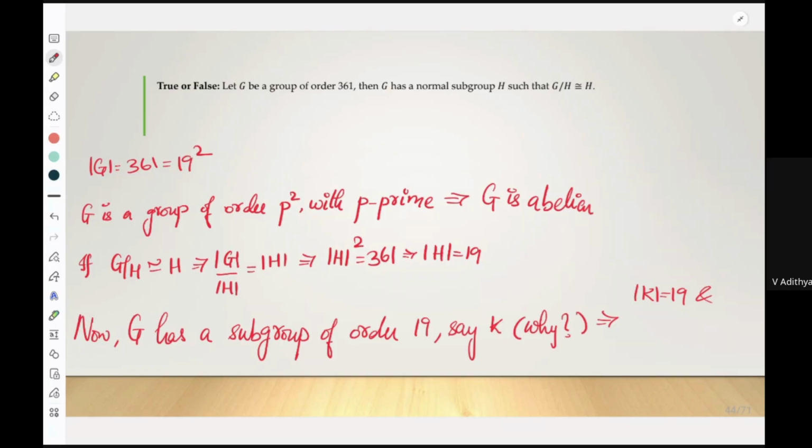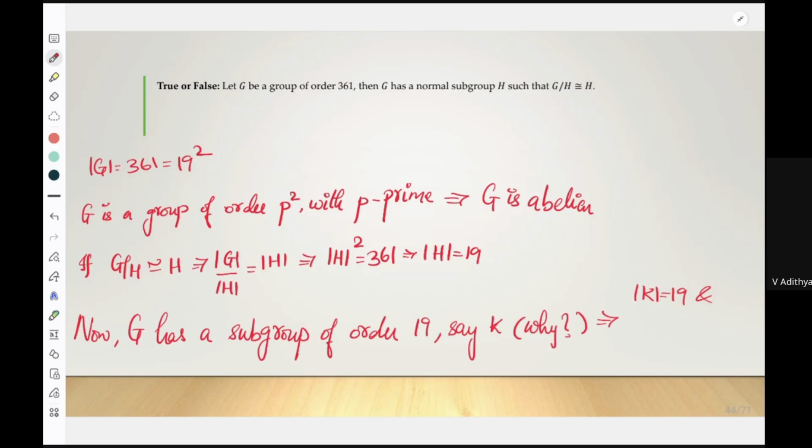Here is one more exercise. G is a group of order p squared with p an odd prime. Even if p is 2, it doesn't matter, because 2 squared is 4 and every group of order 4 is abelian. Anyways, you can try to prove this for odd prime: then G is abelian. So if G is abelian, any subgroup of G is normal. So K is normal.